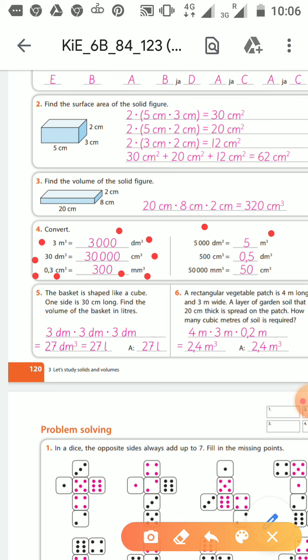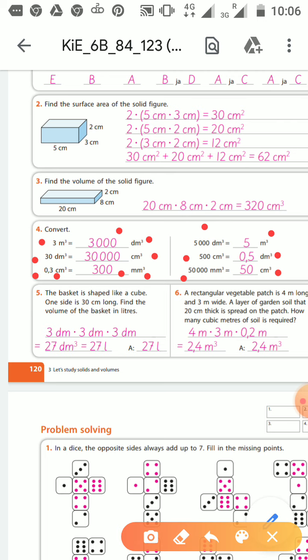So we're going to use divide here, and they're all cubed, so we divide by 1,000 in each case. Or we move the decimal point 3 places, this time to the left. So 5,000 divided by 1,000 is 5. 500 divided by 1,000 is 0.5. And 50,000 divided by 1,000 is 50.